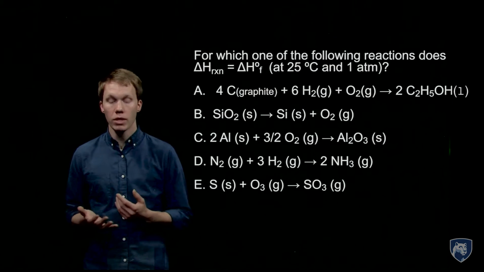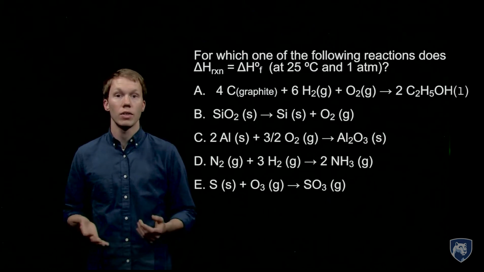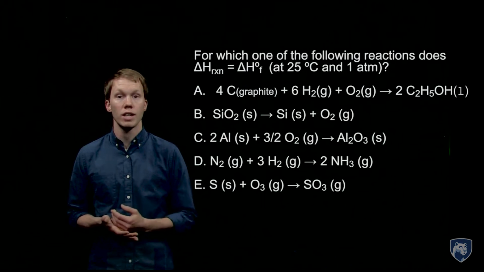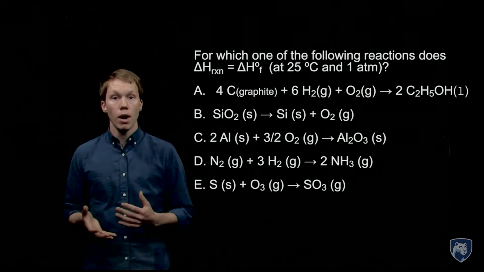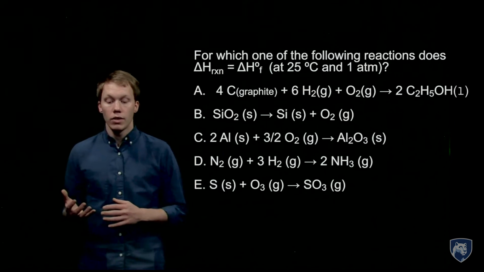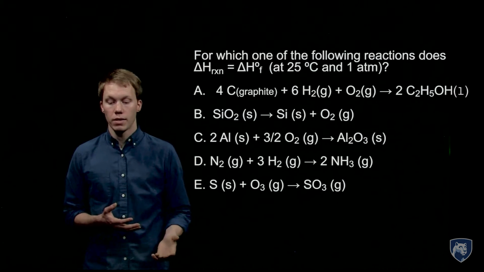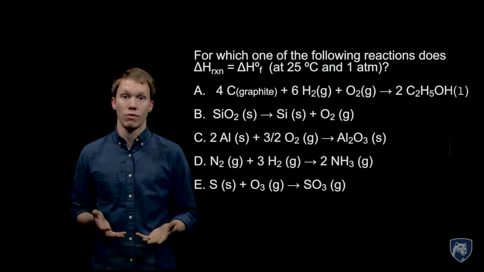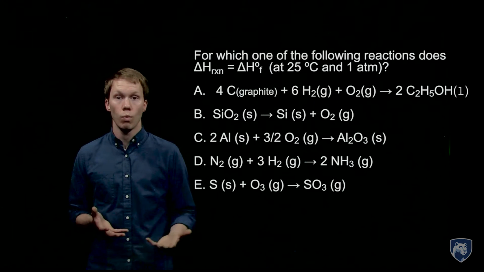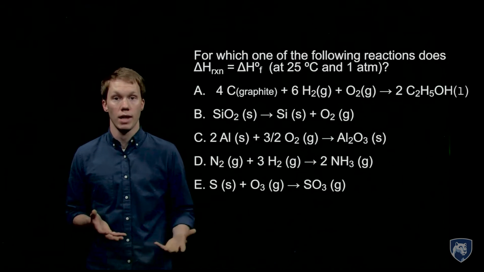In this case, we are forming 2 moles of a product. So this cannot be a case where delta H of the reaction equals delta HF. In part B, we have 2 constituent elements as products. And this would be the opposite of delta H formation. We are not forming 1 compound from pure elements.